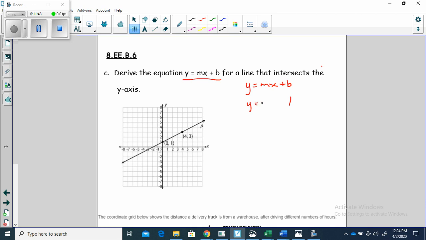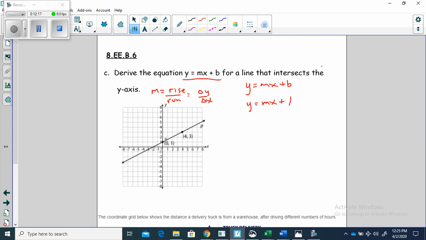Now, what else do we need for this equation? We need the m. The x and the y's are just the values on the line. We need the m, the slope. M is our rise over run, or we can also talk about it being our change in y over change in x, because y is our axis that goes up and down, x is the one that goes left and right.